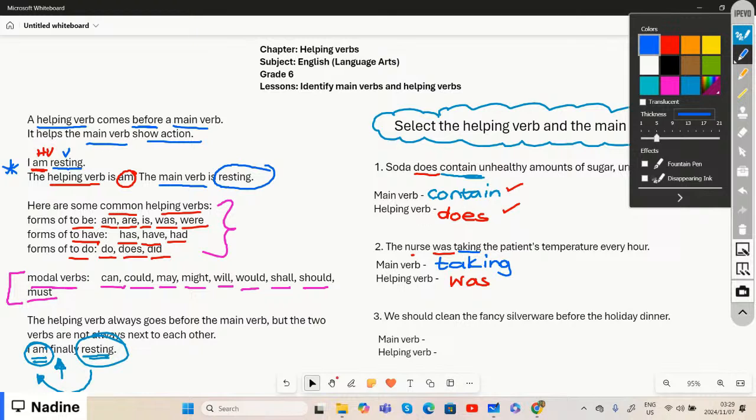If we were to select our main verb, we would say clean is our main verb. And if we were to select our helping verb, then should is our helping verb. Should is our modal verb.